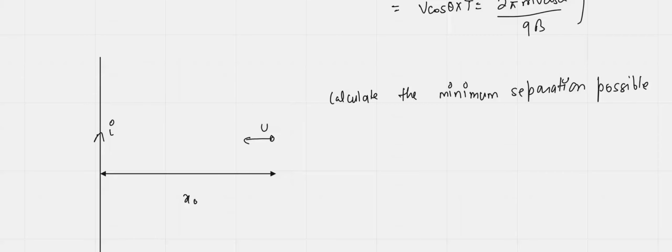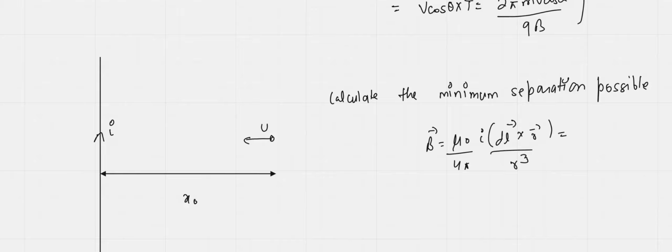So what the problem is, your magnetic field B, what's the formula for the magnetic field? Mu naught by 4 pi I times dl cross the distance, divided by the distance cubed.